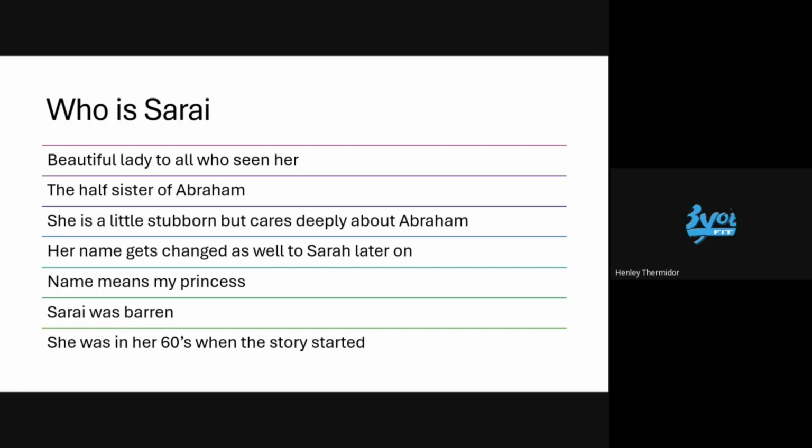That also made Abraham a little paranoid, but we'll get into that a little later. She cares deeply about Abram or Abraham, but she can also be stubborn. Her name gets changed to Sarah later on, as we know, but her name means princess.